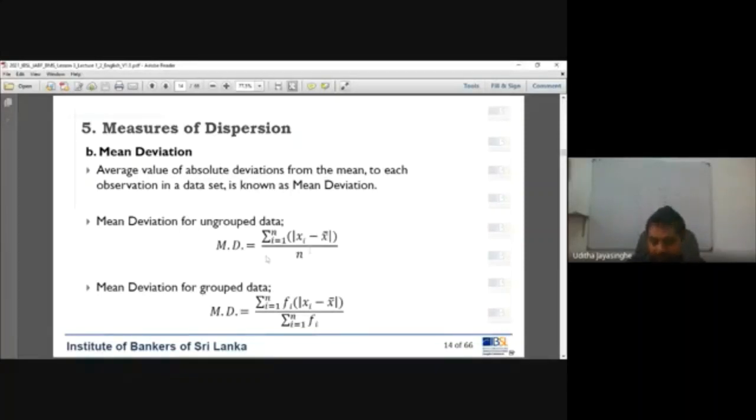Those deviations, you divide by the number of items, and that is going to give you the mean deviation, or how deviated you are from the mean. It's a simple definition, isn't that so?